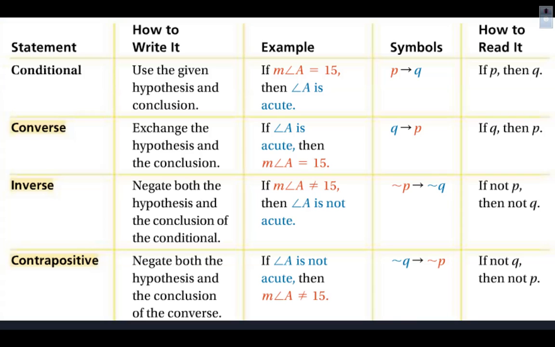The converse is where we exchange the hypothesis and conclusion. So we take our P and Q and swap them in places. The inverse is going to negate both the hypothesis and the conclusion of the conditional. That's called the inverse. And the contrapositive negates both the hypothesis and the conclusion of the converse.